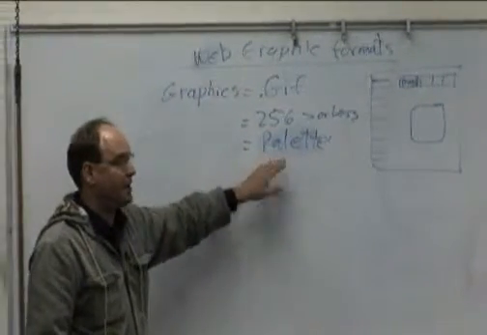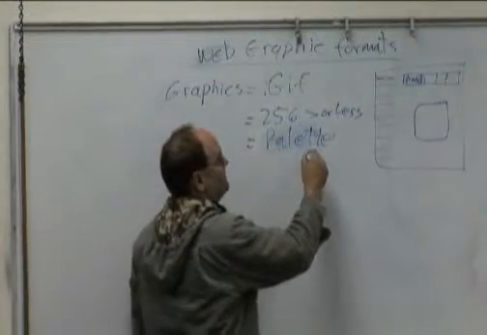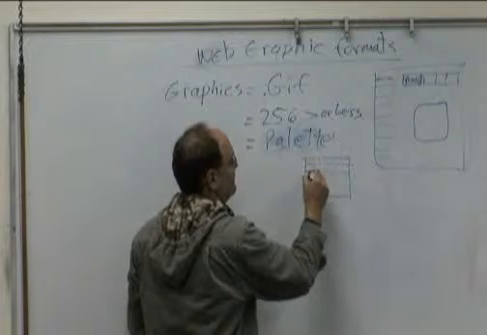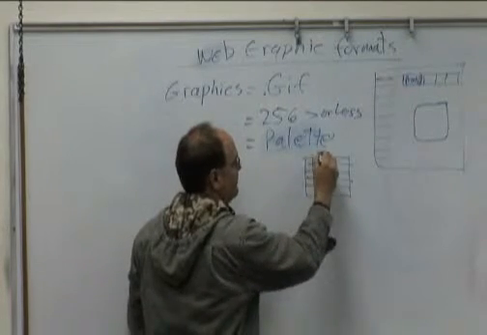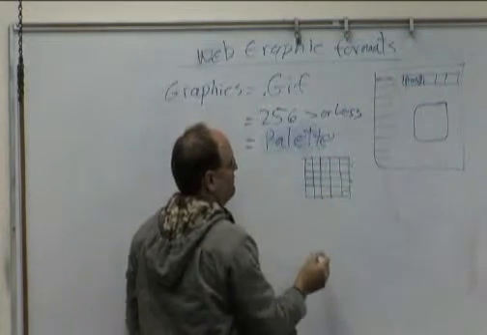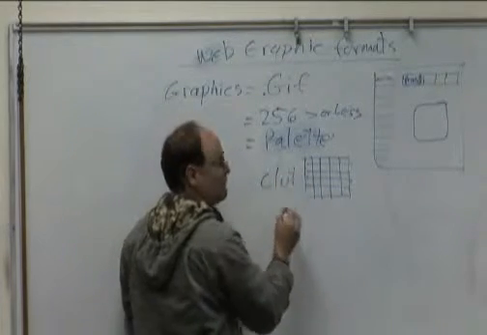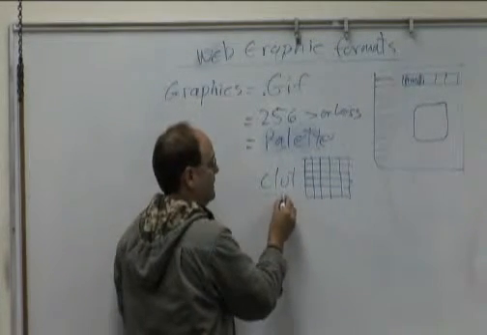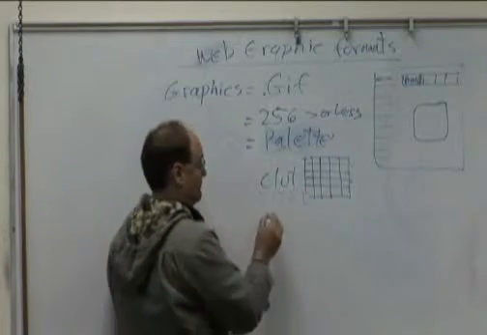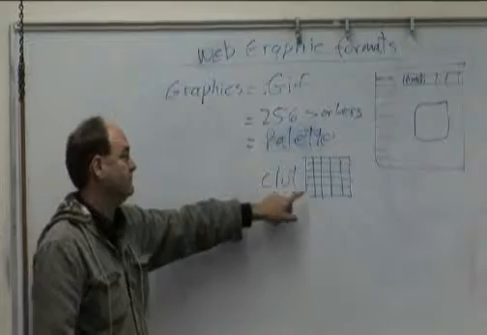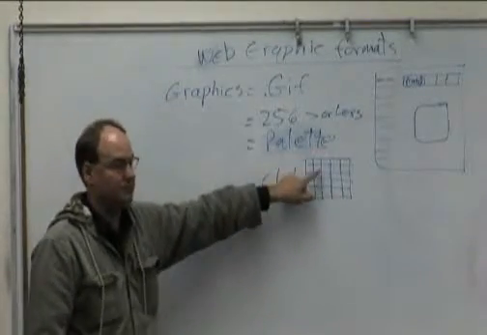Okay, so this 256 color palette, this is basically when you're inside of the Save for Web option, you'll see a little box, and in that box you'll see a little grid with the colors that it's going to use for your GIF image. This palette's called a CLUT, Color Lookup Table.